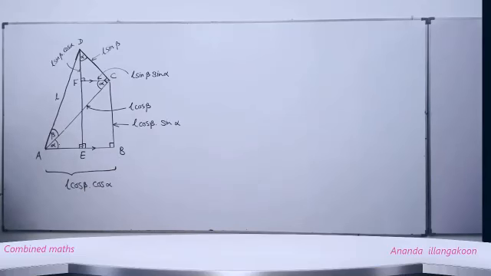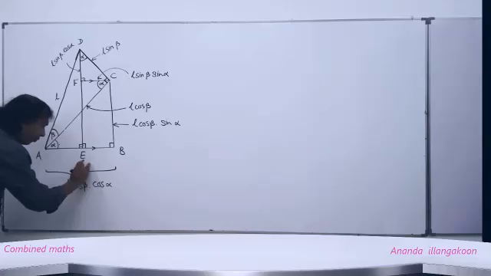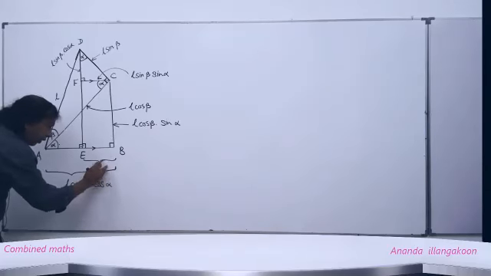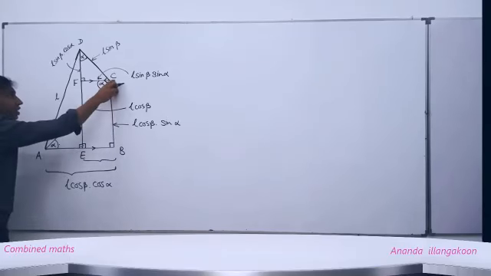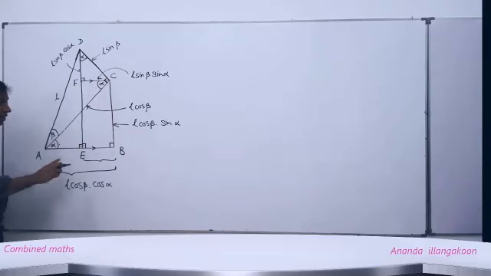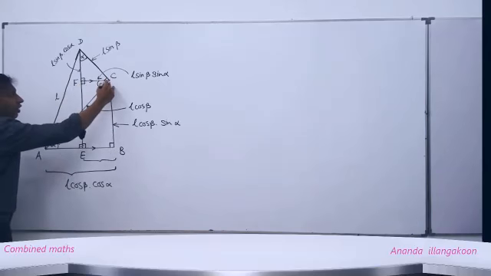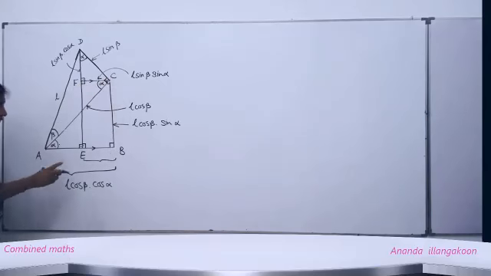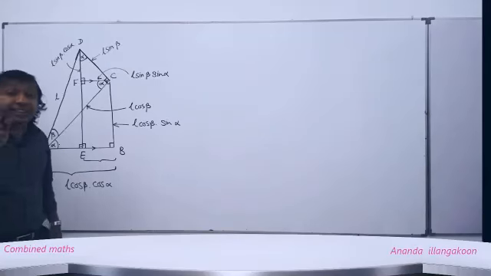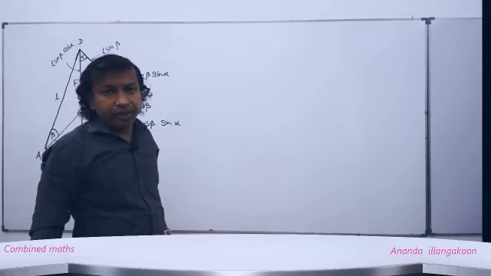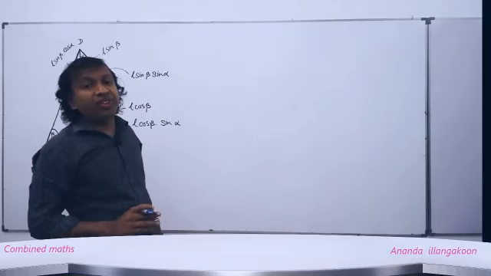Okay. Now, what is this EB? You know this B, C, F, E: here 90, here 90, here 90. Therefore, definitely this must be 90. Therefore, BCFE is a rectangle. In a rectangle, opposite sides are equal.